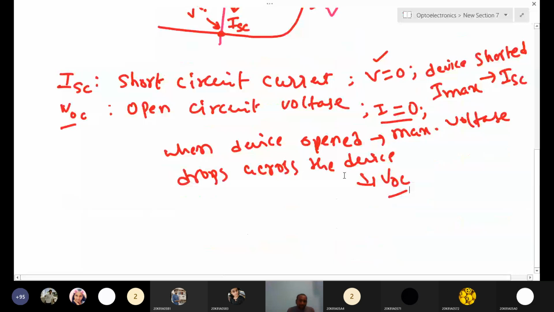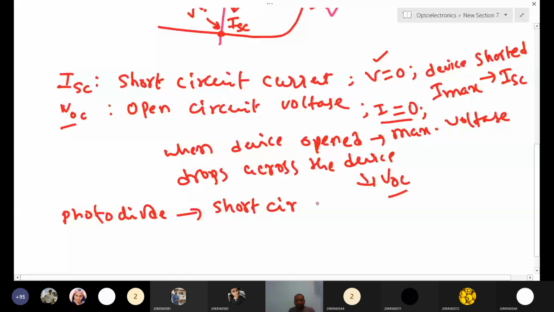Now, always photodetectors will run in short circuit condition mode. So photodiode or photodetectors, whatever you call them, will run in short circuit condition only.